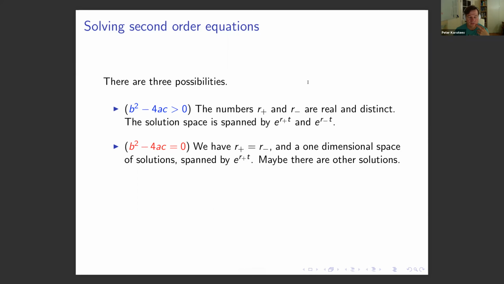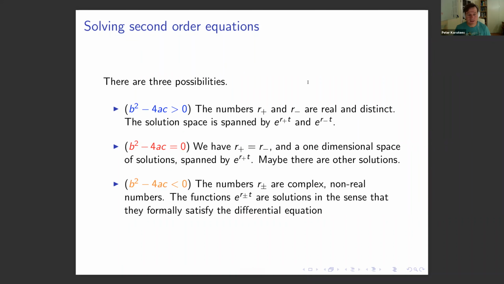If the discriminant vanishes, then r plus is equal to r minus, and we have just a one-dimensional space of solutions because these two functions coincide. Well, maybe there are other solutions. And if the discriminant is negative, then those numbers are complex.